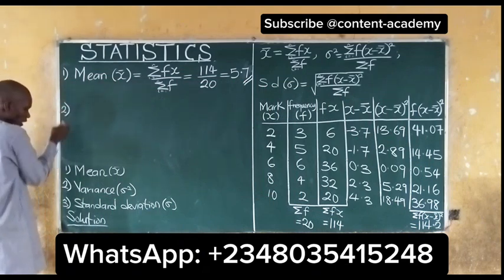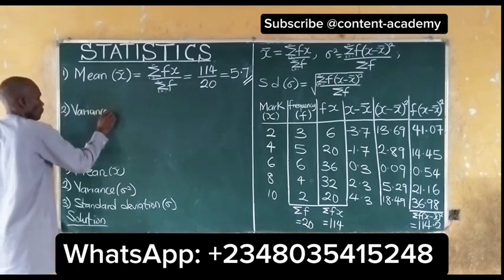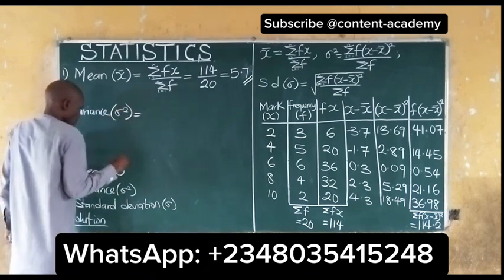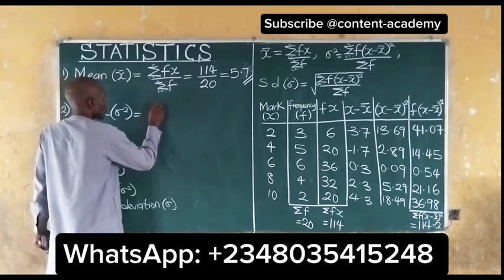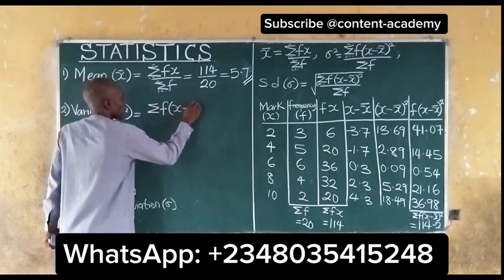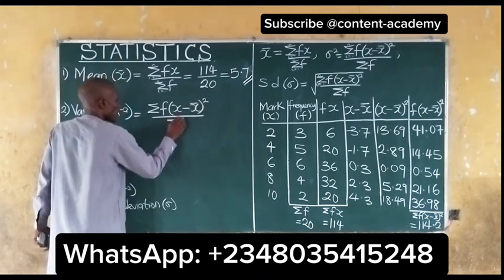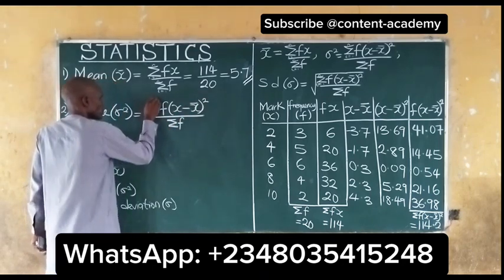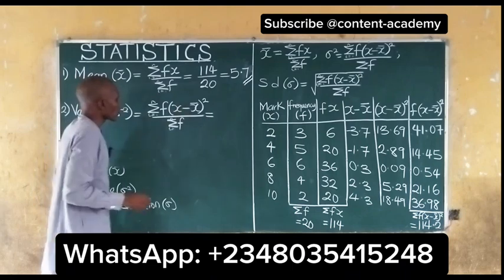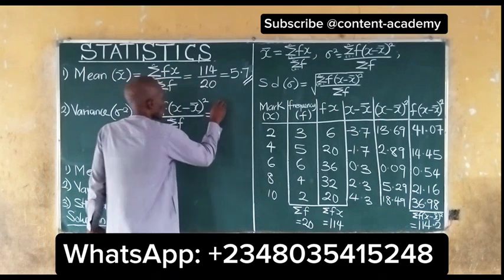Number 2 said we should calculate the variance. The variance, which is sigma squared, is equal to the summation of f of x minus x bar all squared, divided by the summation of f, i from 1 to n.